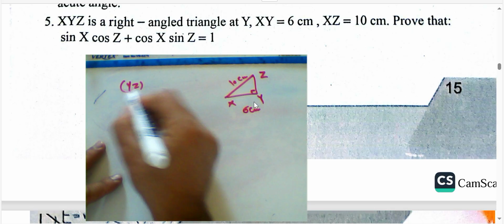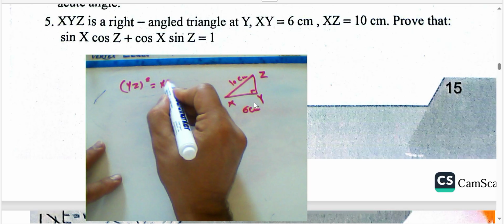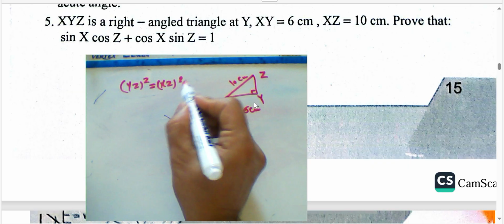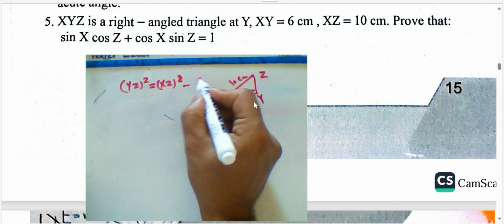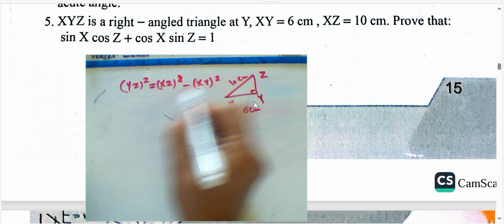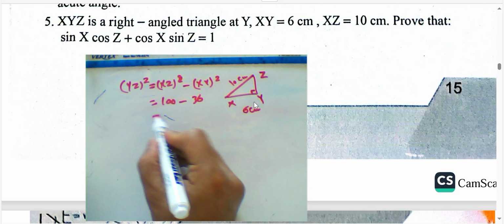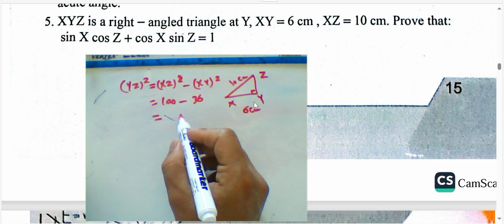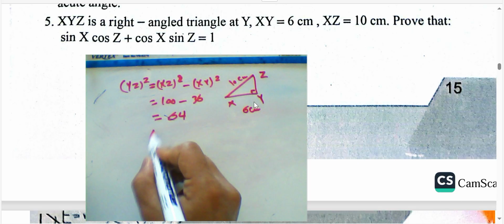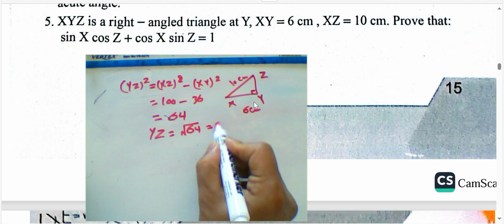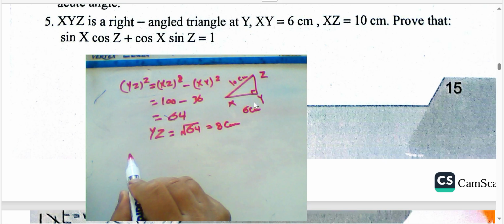YZ power 2 is equivalent to XZ power 2 subtract by XY power 2, right? 10 power 2 is 100 subtract by 6 power 2 is 36. The difference between them equals 64. So YZ from Pythagoras theorem, square root of 64 equals 8 centimeters.